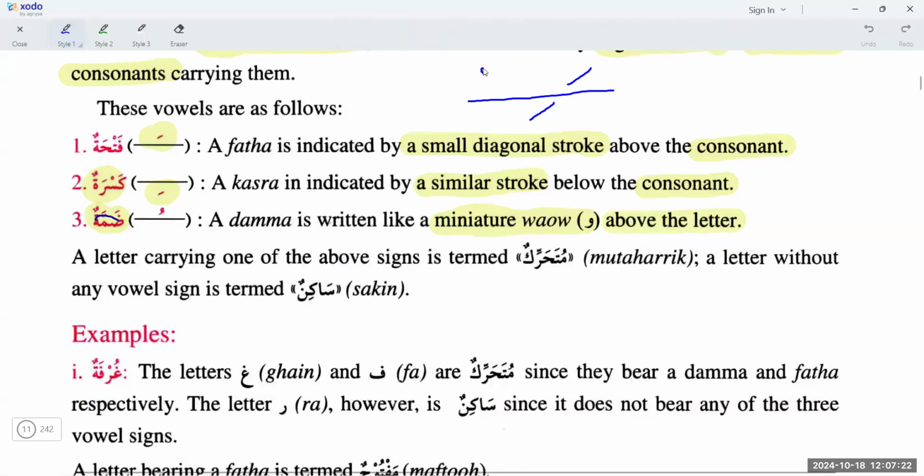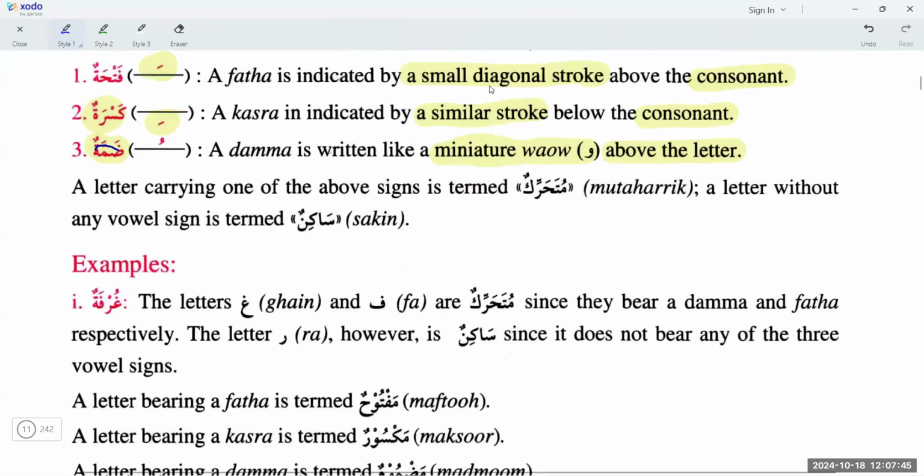So this is the sign of the dhamma, and it is written above the letters. So these are the short vowels in Arabic. And when there are the short vowels, we pronounce them short. We don't make them long. Then there are the long vowels. We will learn them later.